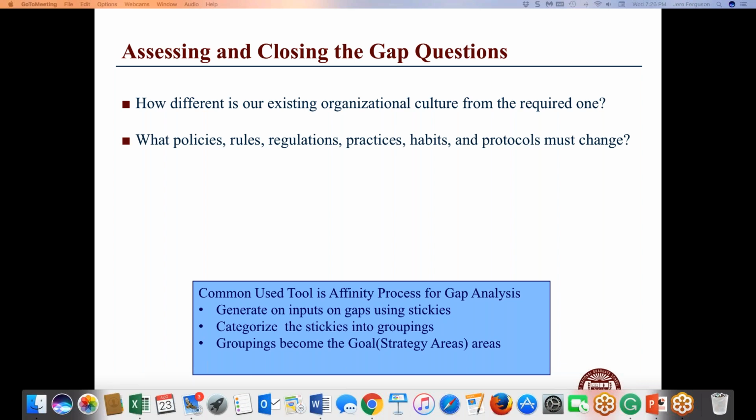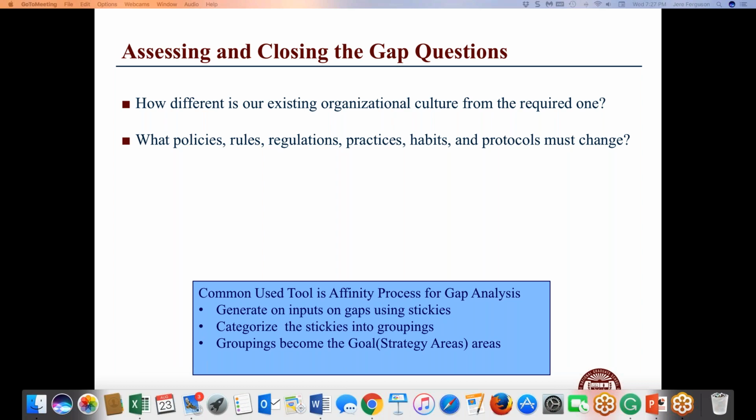So organizational culture, and whether or not we need to change the way we look, is one question that the team needs to address. What policies, rules, regulations, practices, habits, and protocols must change? That kind of flows with what I was saying a moment ago about all these computer reports. What are the things and what drives the things? If we have work instructions, if we have rules, if we have operational manuals, how often does the company go back and say, has the policy changed?